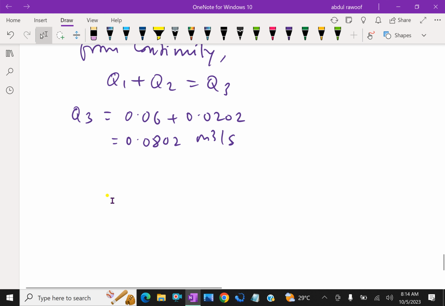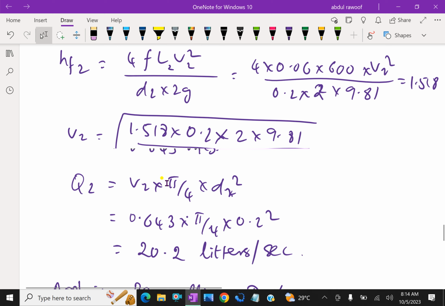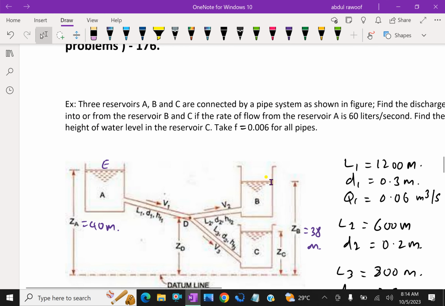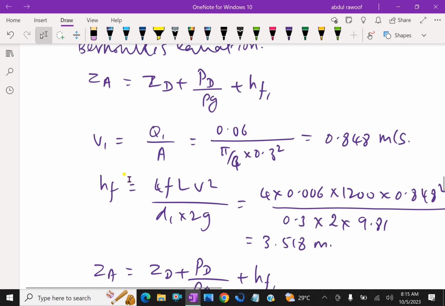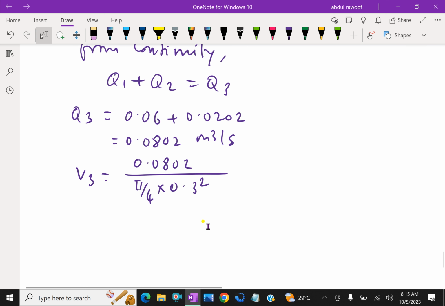Then velocity V3 equals 0.0802 over pi by 4 into 0.3 squared, because D3 is 0.3 squared.